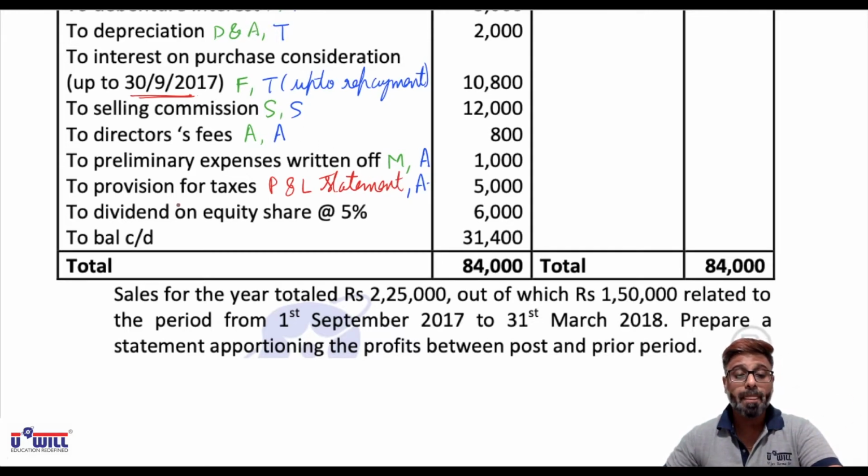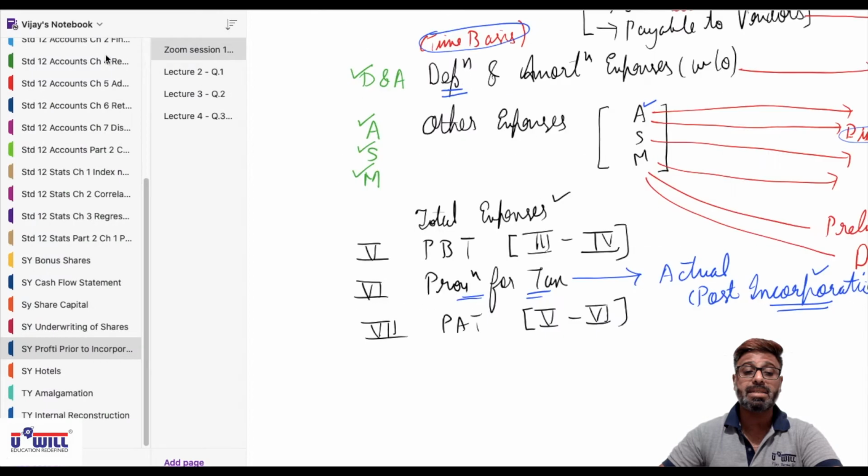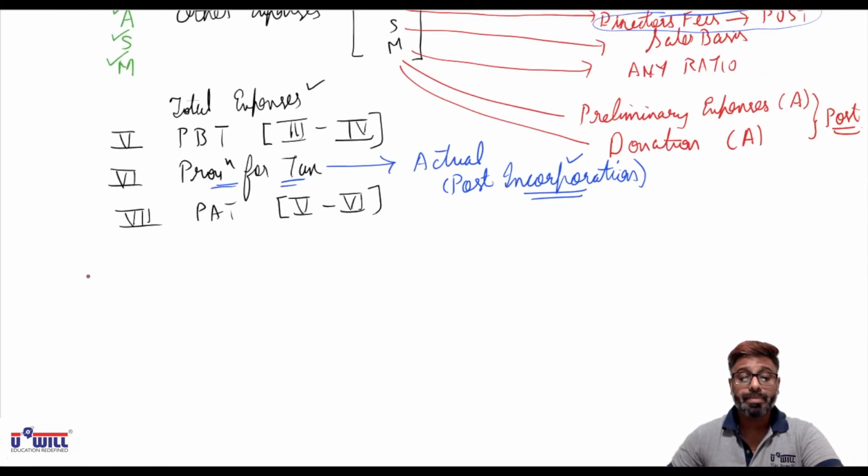Dividend on equity shares also comes in post-incorporation period but it will have no effect. It doesn't come in our P&L statement. For dividends, a separate statement is made, called the statement of retained earnings. Presently you can write it as a note in the summary that dividend on equity shares will have no effect, because it comes in a separate statement, not in the P&L statement.